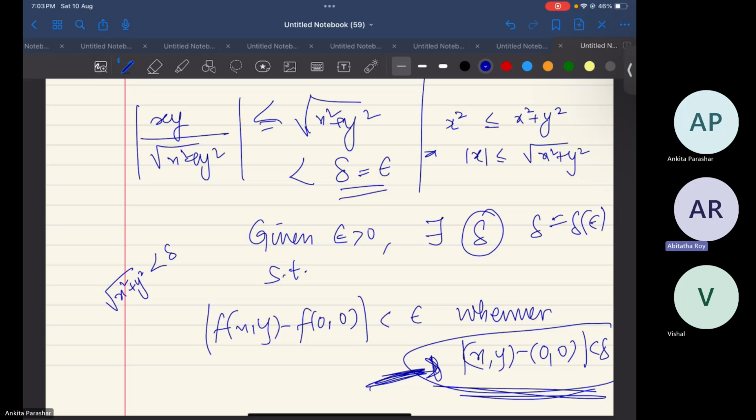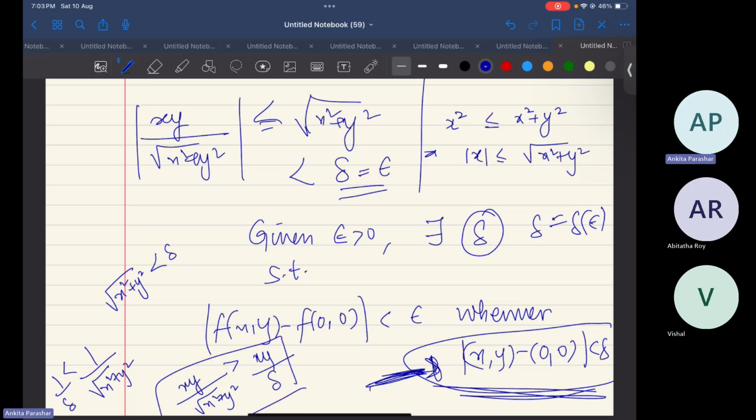That means 1 by root of x squared plus y squared would be greater than delta. And if I multiply xy to the numerator, then the inequality will also hold true. But this is xy, remember? Now how would you do?